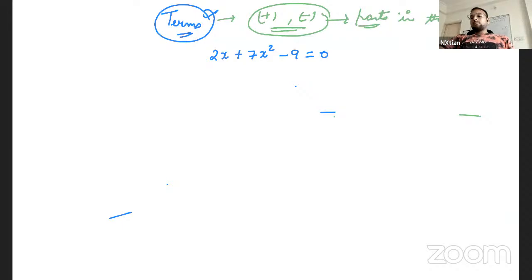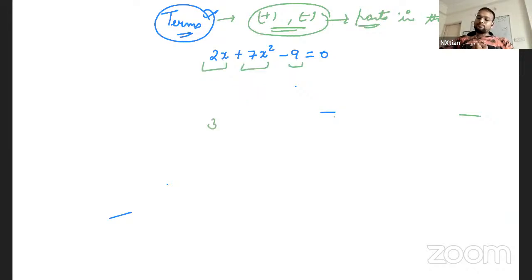Understood? So we can understand it like this: 2x, 7x squared, minus 9. These are the three terms in this equation, because plus and minus creates the division in the equation, not multiplication, not division, but plus and minus creates the parts in the equation.